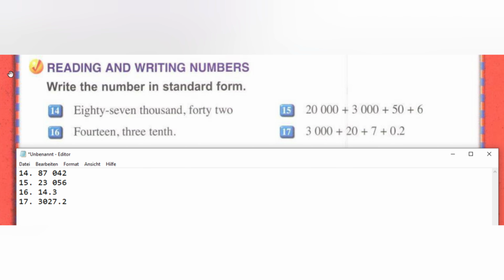After 14, 3, 10, so it means 14.3. After task 17, 3020 plus 7 plus 0.2, and this is 3027.2. Okay, so it was all.